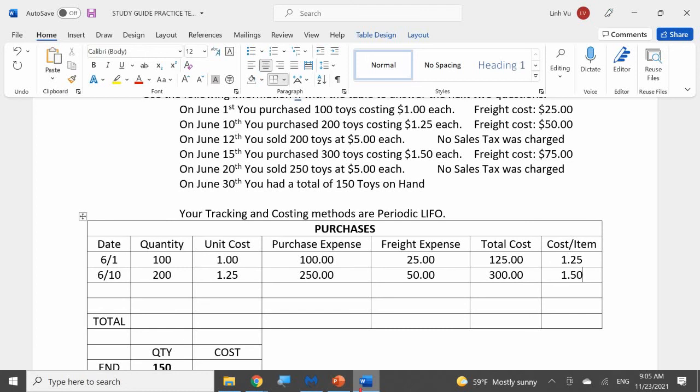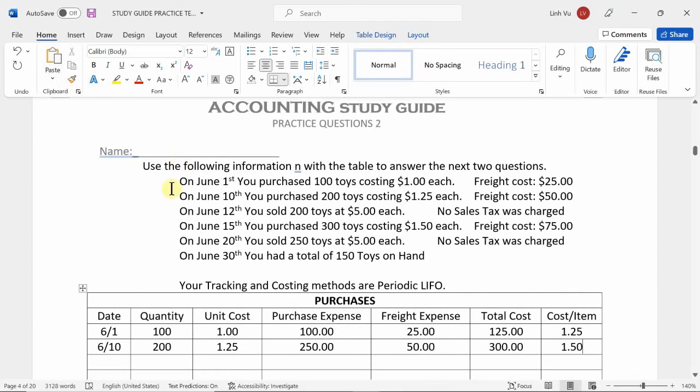Good. Now we have June 12th. You sold 200 toys at $5 each, no sales tax. So what do you do with this?